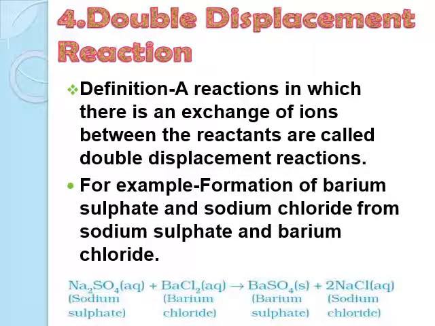Now, double displacement reaction. We can define it as a reaction in which there is exchange of ions between the reactants. For example, formation of barium sulfate and sodium chloride from sodium sulfate and barium chloride.